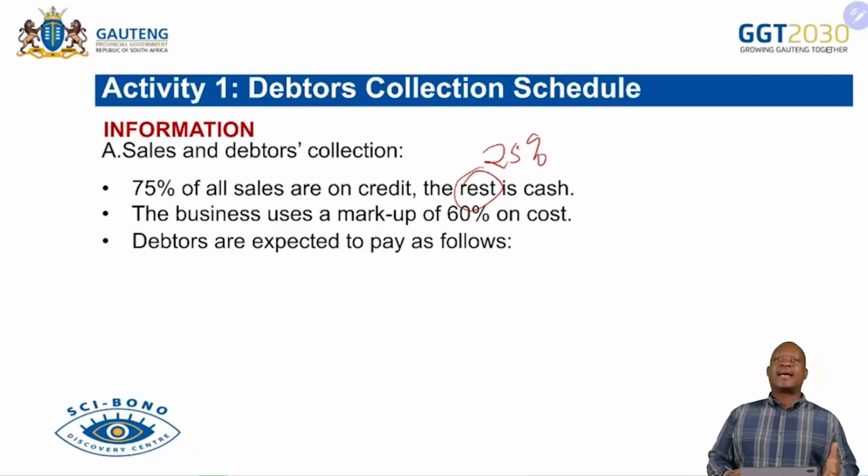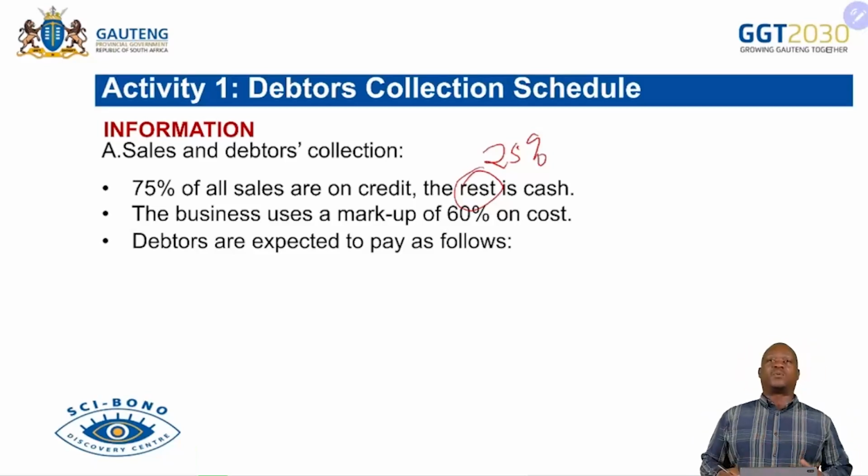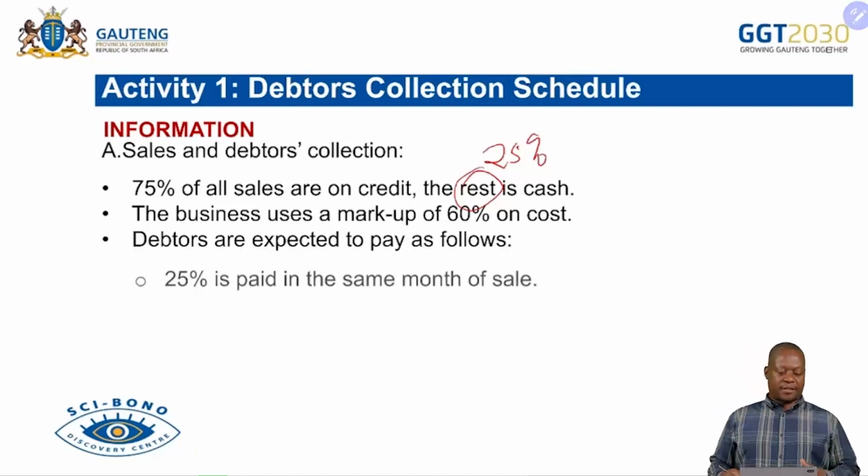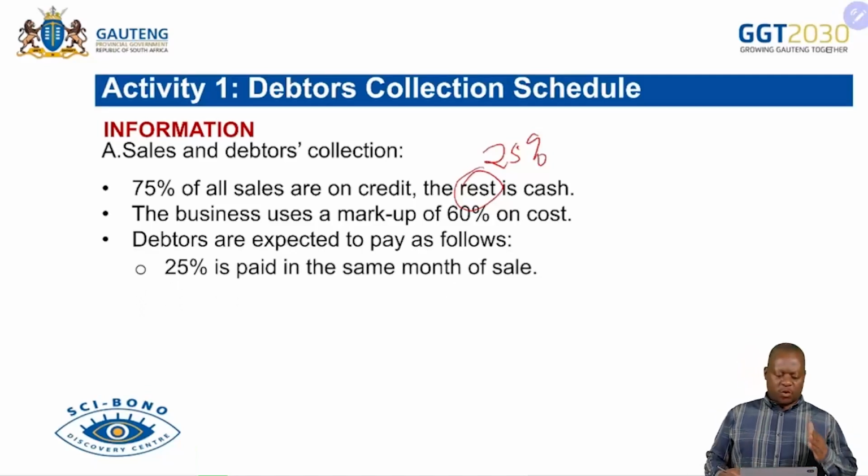And then debtors are expected to pay as follows. So remember, we said from the history, it taught us what to expect when dealing with our debtors. When they are saying tomorrow, we don't have to expect all the money tomorrow because history has taught us differently. So what is it that we have learned? We have learned that 25% of our debtors is paid in the same month of sale.